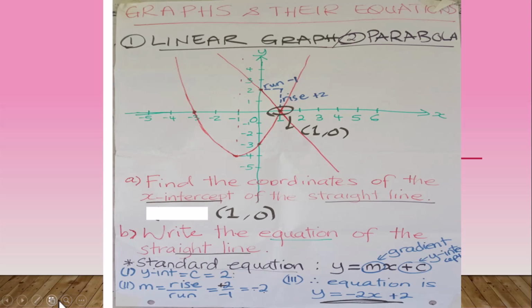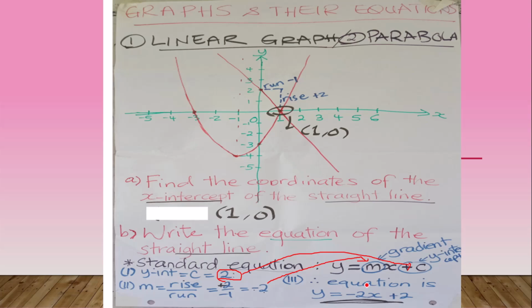So we have our m and our c. We're just going to substitute c in place of c with the sign, and m in place of m with the sign.